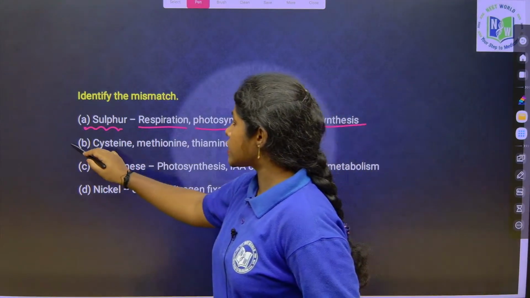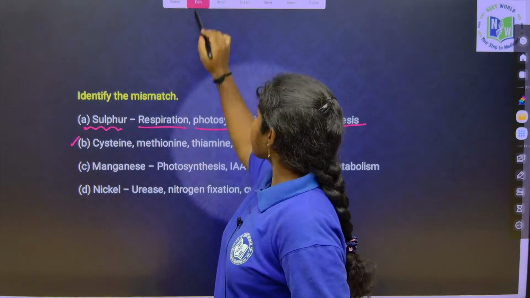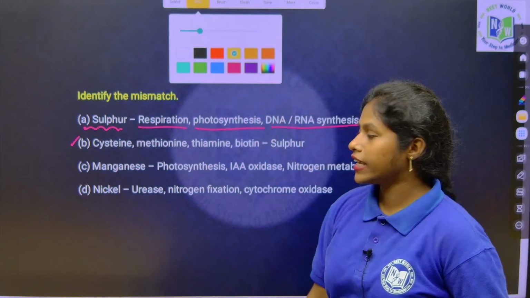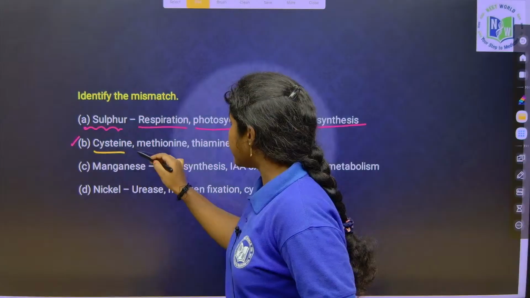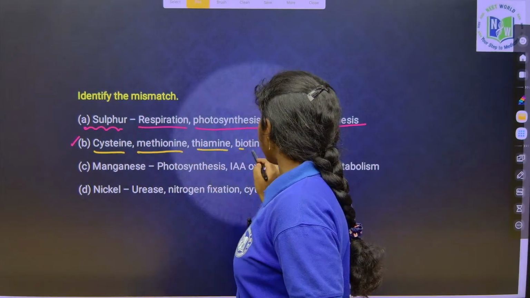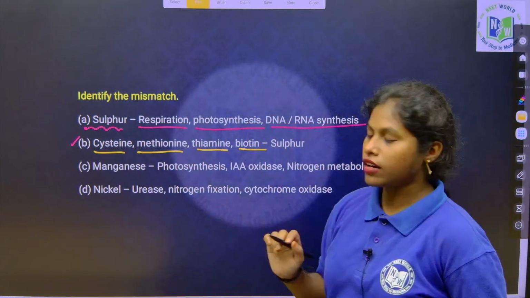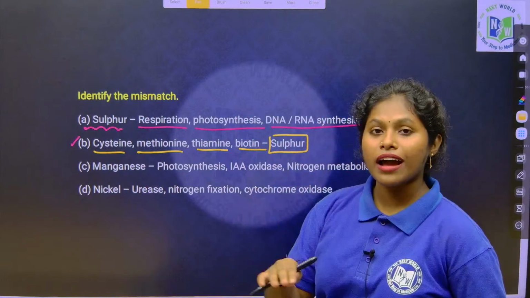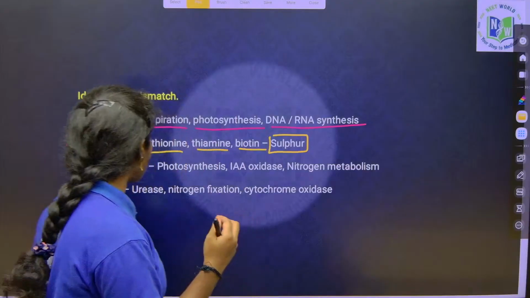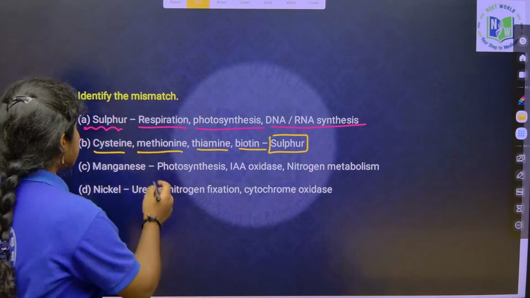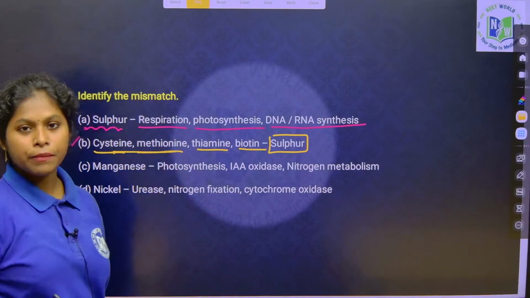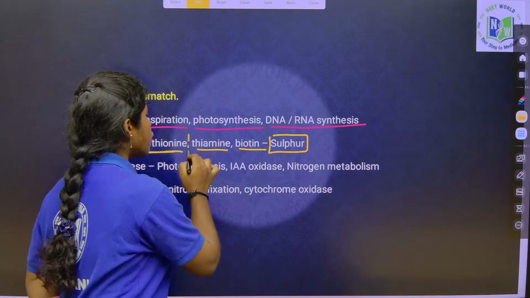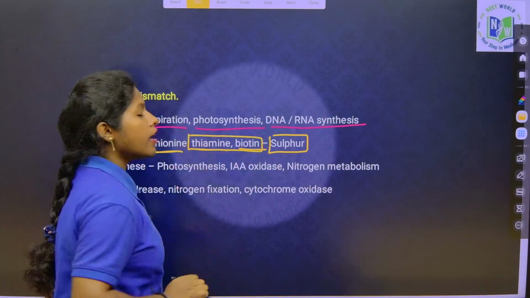Coming to see the next options also, students. Here they have given cysteine, methionine, thiamine, biotin as sulfur-containing. So we know that sulfur is the constituent element of amino acids like cysteine and methionine, and it is involved in the formation of vitamins thiamine and biotin.